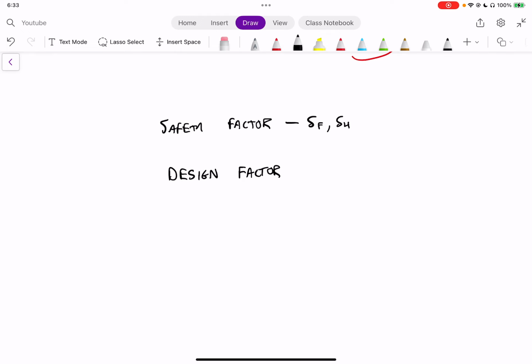So whenever the question asks to check if the system works with a minimum safety factor, or what the material would be, for example, for a safety factor, it could ask for a design factor and then work with the design factor directly. So SF, the safety factor in bending, is equal to the design factor. For example, if I told you that the design factor in a question is equal to 1.5, this would mean that SF is equal to 1.5.